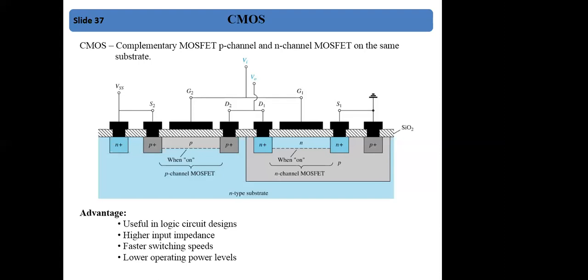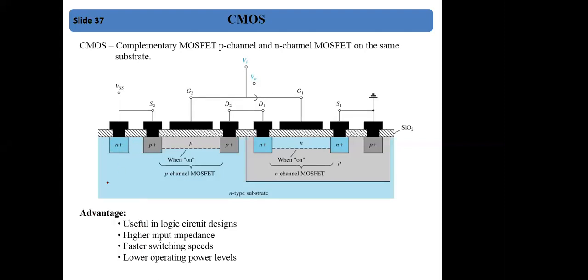There are two kinds of devices used here: one is the P channel MOSFET and one is the N channel MOSFET. Whenever the P channel MOSFET is on, the N channel is off, and vice versa. That means whenever P is off, N channel will be on, and whenever P is on, N channel will be off.